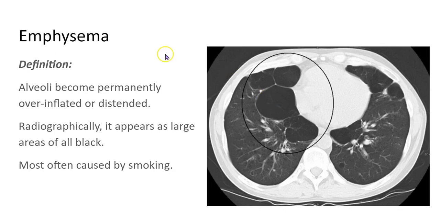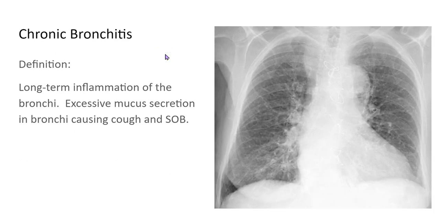Okay, good. Let's look at chronic bronchitis. This is a long-term condition in which excessive mucus is secreted into the bronchi, causing coughing and shortness of breath. The chief cause of chronic bronchitis is cigarette smoking. Infectious bronchitis, however, can be caused by viruses or bacteria.